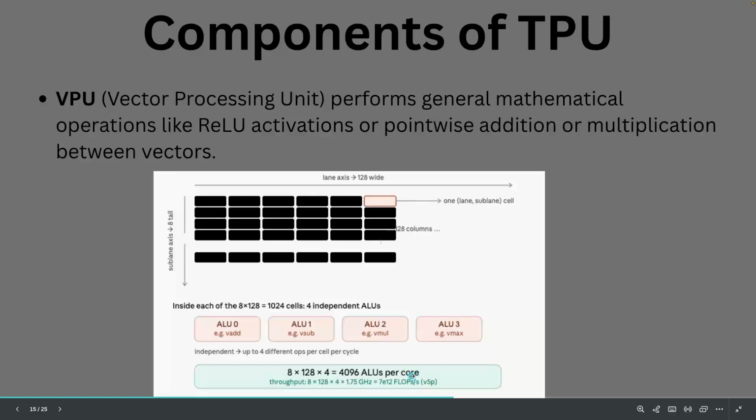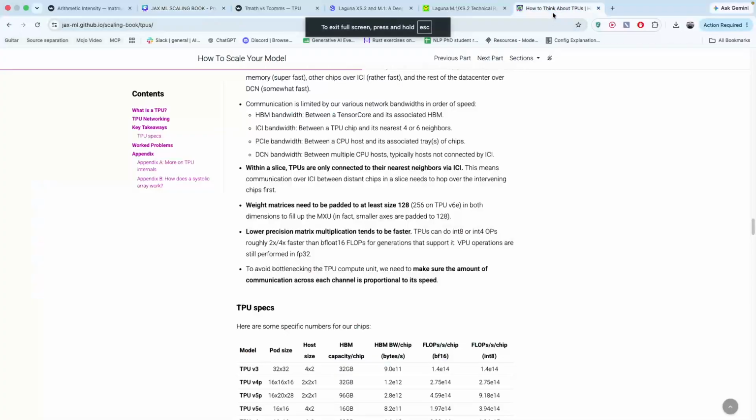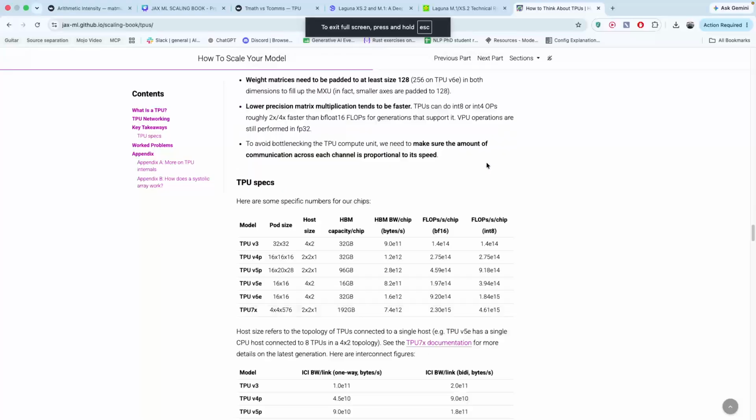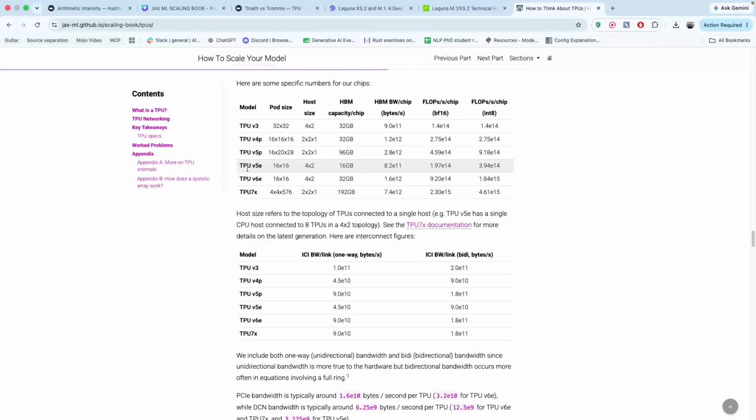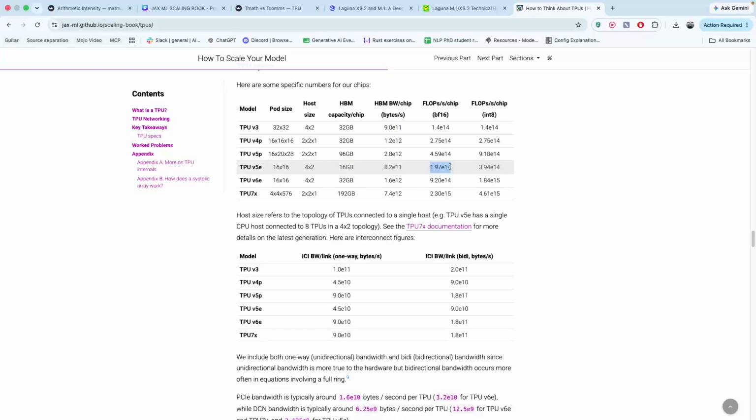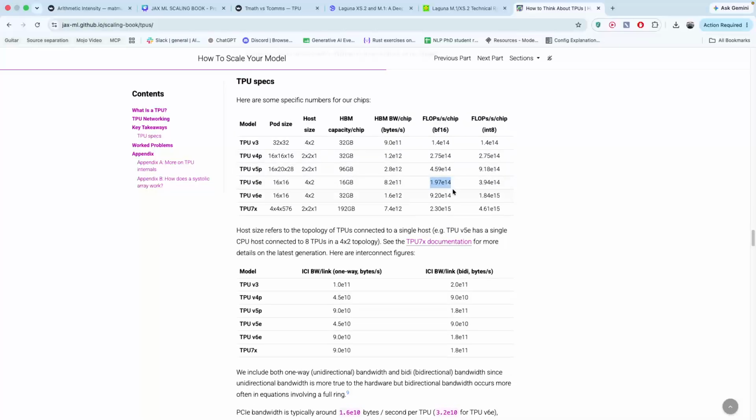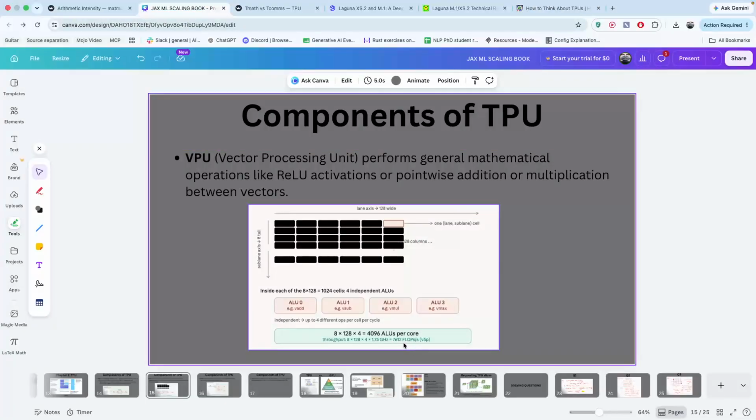If I go back to how to think about TPUs and go to the spec sheet here, for TPU v5e the flops per chip in BF16 is around 2e14. These are the flops per chip from the MXU units. And if you see the VPUs, the flops is 7e12.